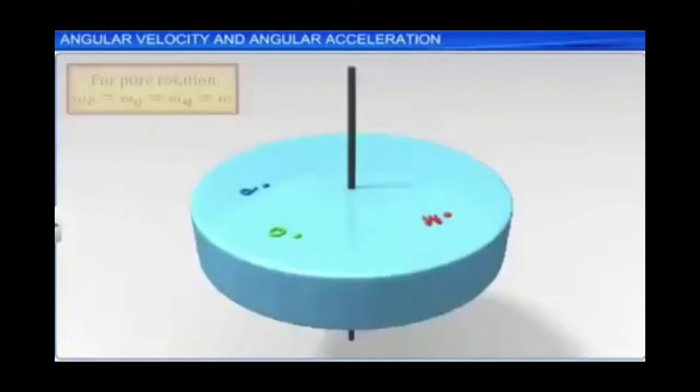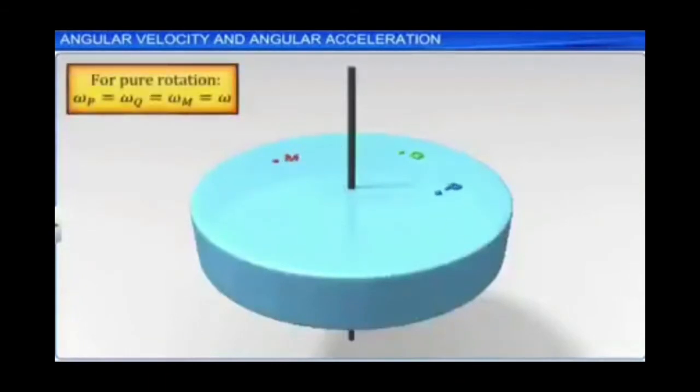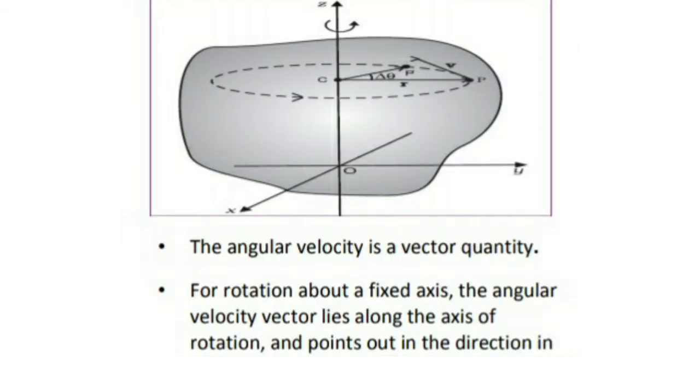When a rigid body is in rotation about a fixed axis, each particle in the rigid body has the same angular velocity, and this angular velocity is equal to the angular velocity of the rigid body. Hence, to conclude, angular velocity is a vector quantity, and for rotation about a fixed axis, the angular velocity vector lies along the axis of rotation and points in the direction given by the right hand rule.